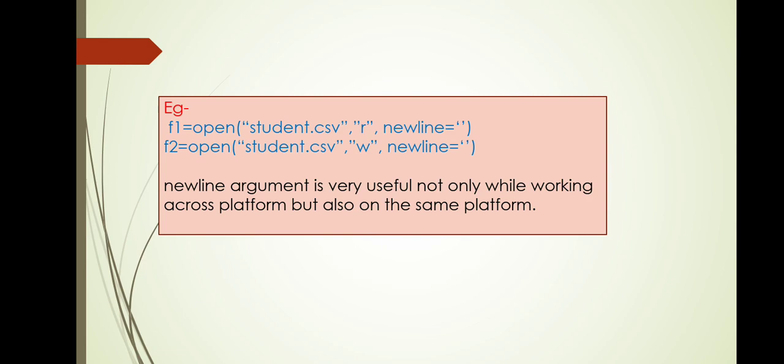So when you have opened the file in writing mode, you write newline is equal to a simple blank string. Now no end of line translation will take place. Such a file, which is created without any end of line translation, when you read it, you don't have to specify any end of line character.